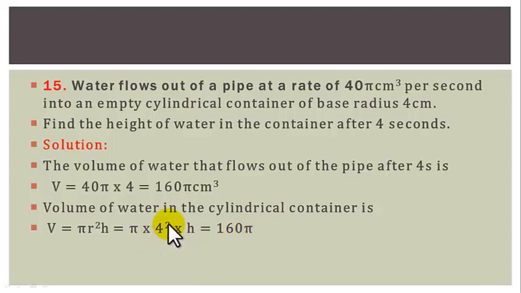But 4 squared is 16, so that will give us 16 pi h equals 160 pi. If we divide both sides by 16 pi, we obtain h equals 160 pi all over 16 pi. And 16 will cancel 160, pi will cancel pi to give us 10 cm.